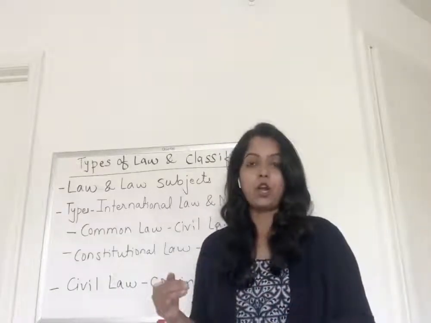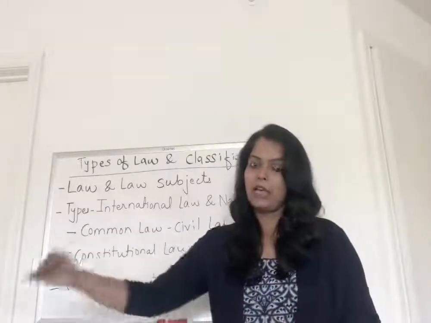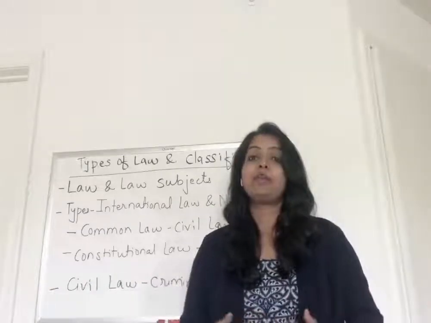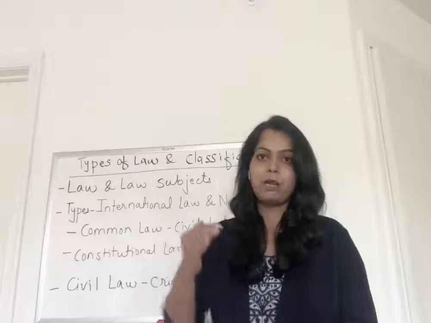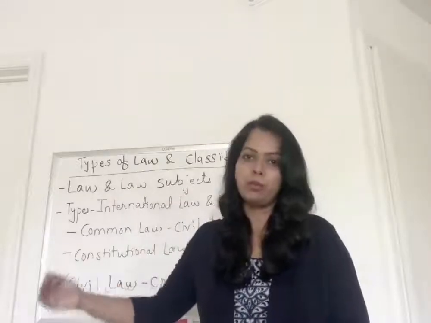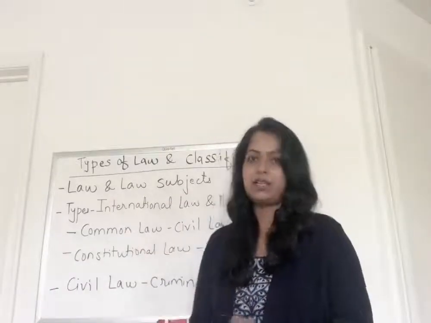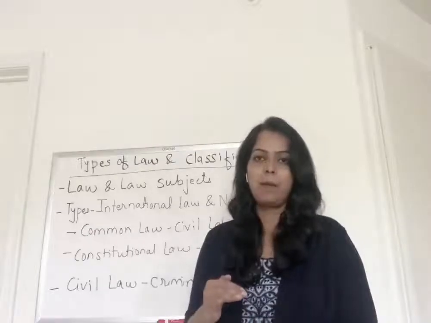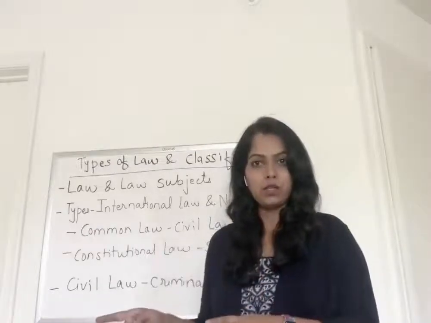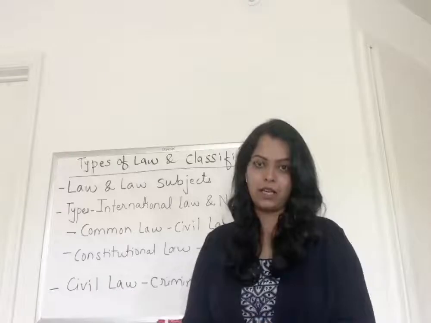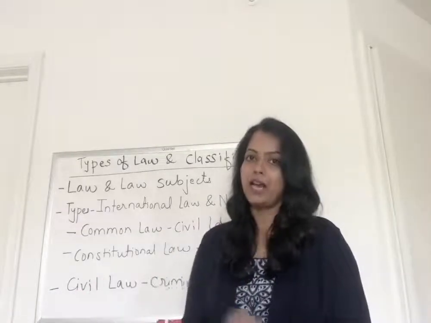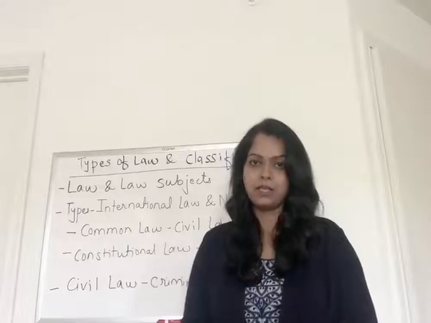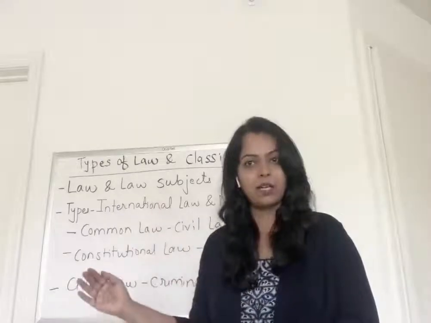But in criminal law, it is between state and individual, because maintaining law and order is the function of the state. So if someone commits a crime against some person, it is treated as a crime against the state because it directly interferes with law and order in the state. That's why in criminal cases, the state is always the second party.